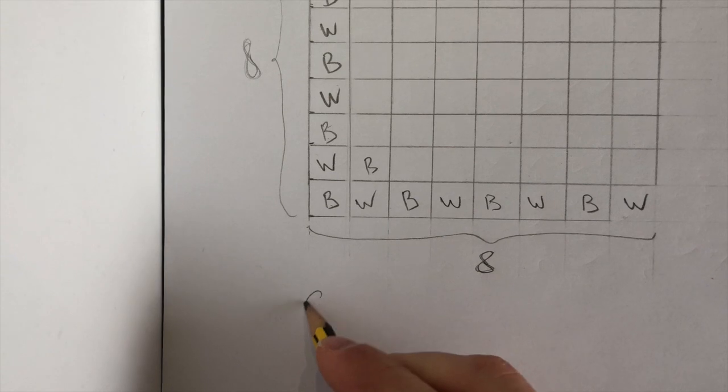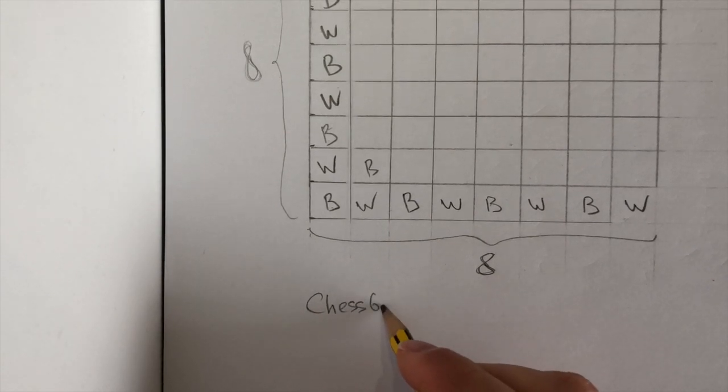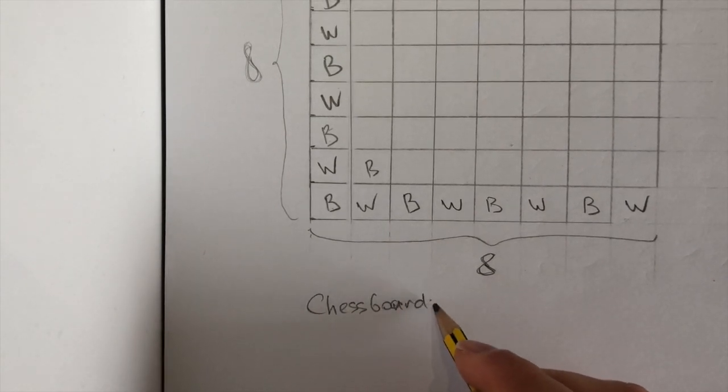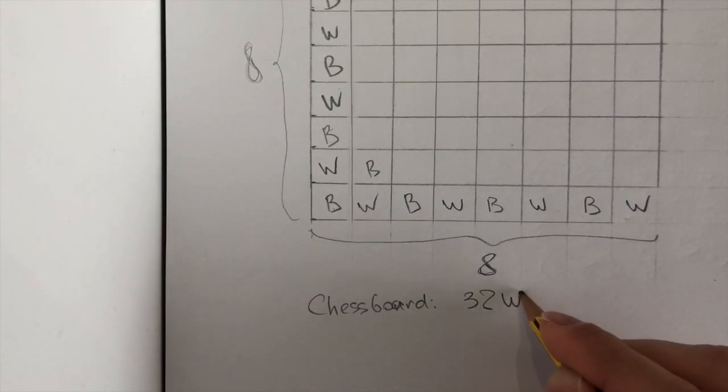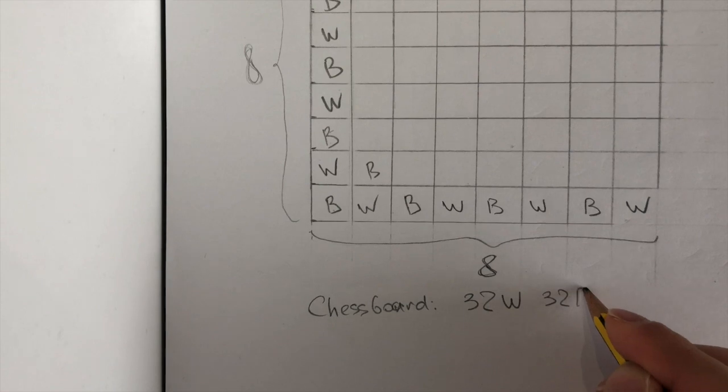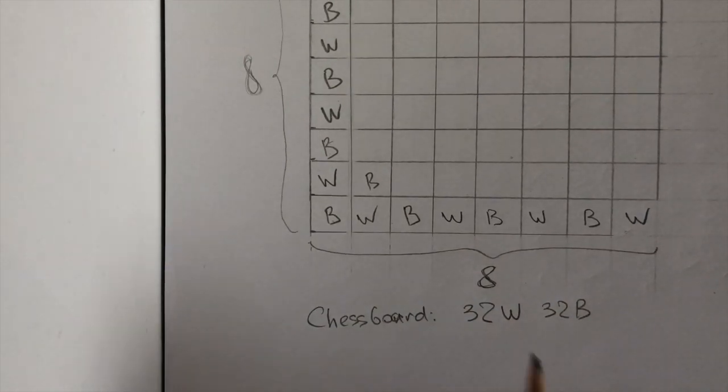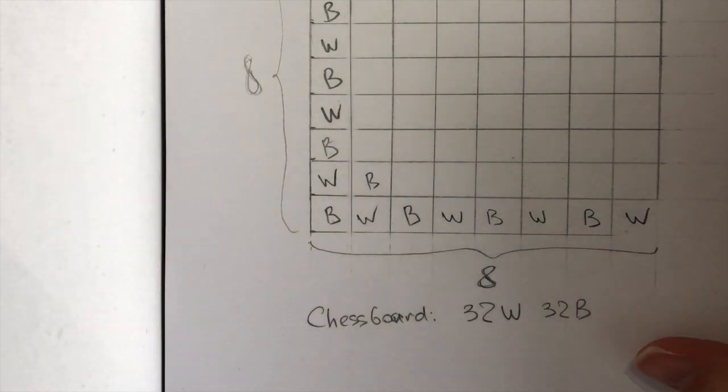So in a chessboard, we would have 32 white cells and 32 black cells, because there must be the same amount of each, but there are 64 in total, right?